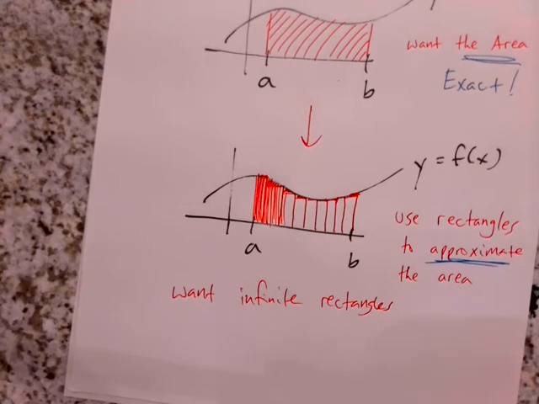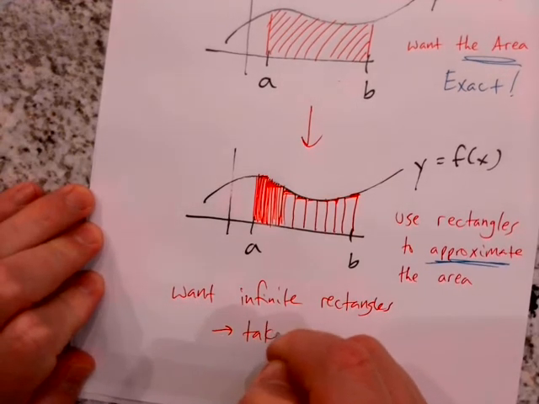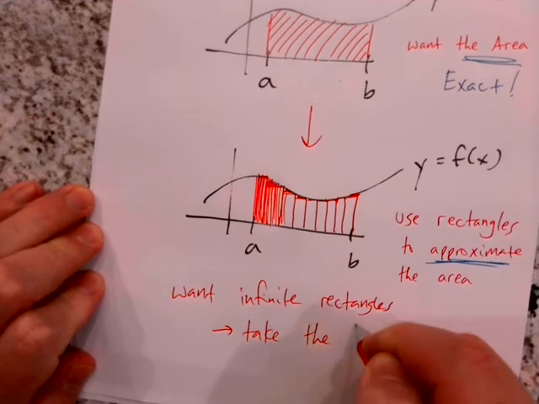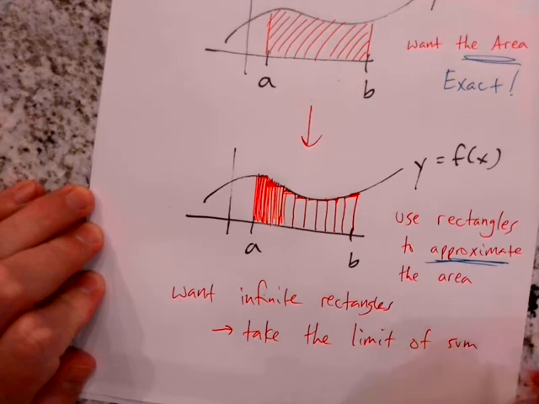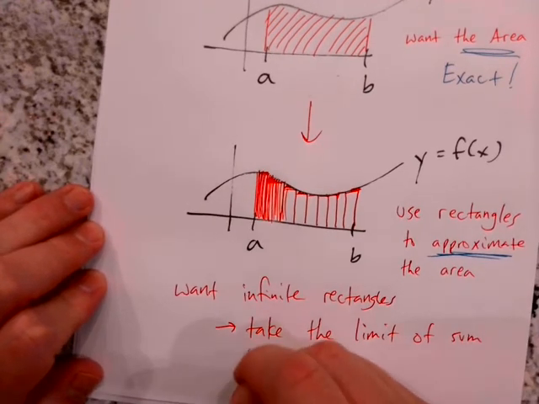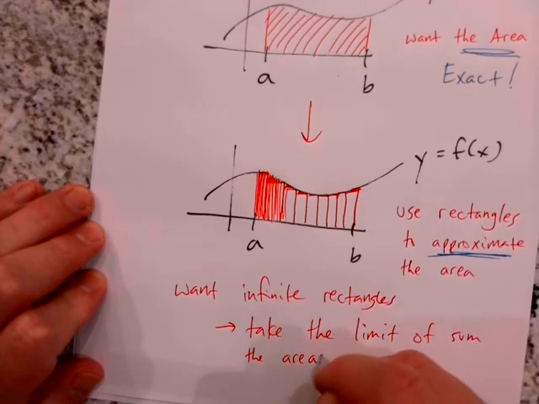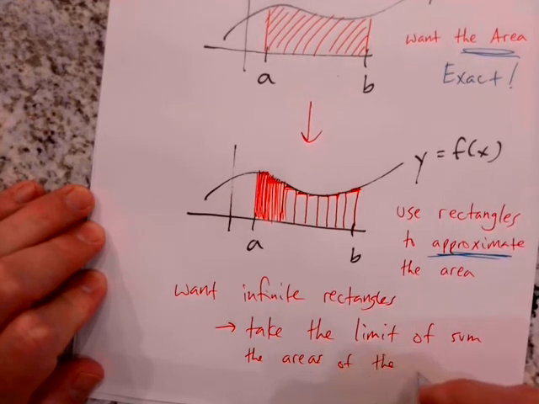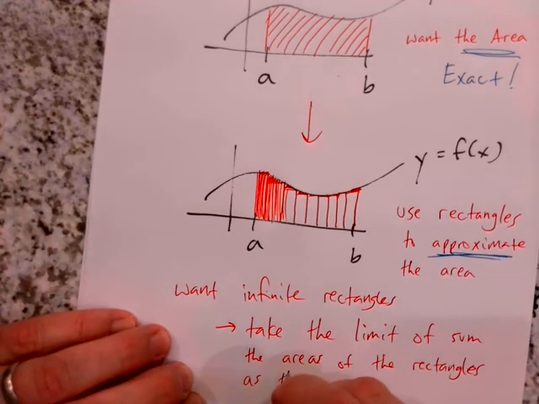You can't have infinite rectangles, but what you can do is take the limit as their number approaches infinity. So we can take the limit of the sum of the rectangles' areas as their number approaches infinity.